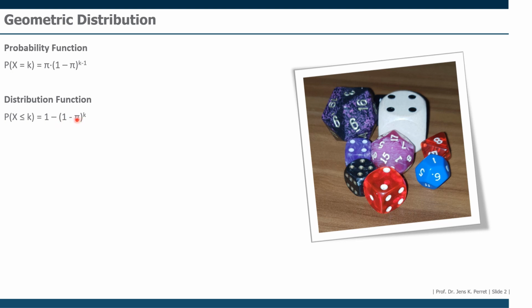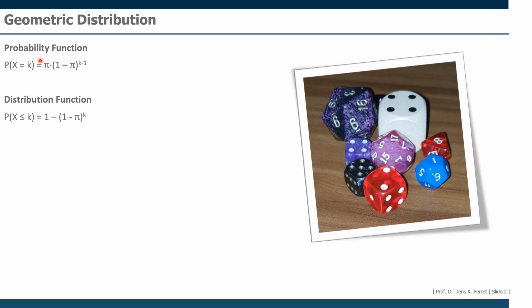In other words, we take the event did not happen k times and subtract this from 100%, because that's the exact opposite of what we're looking for. The event happens somewhere between time 1 and k, and this is the event did not happen from point 1 to point k. This is the counter probability thereof.